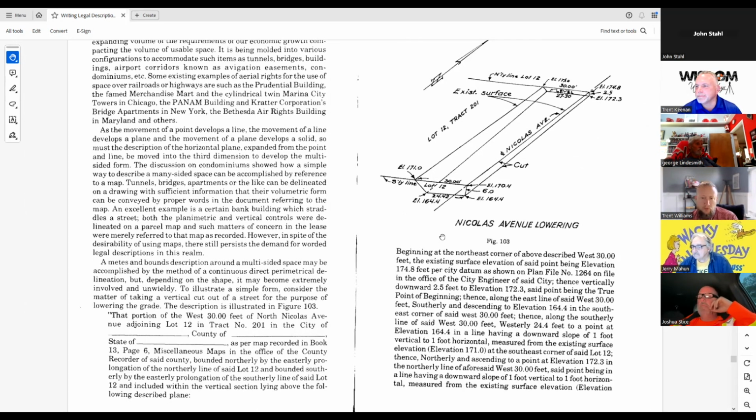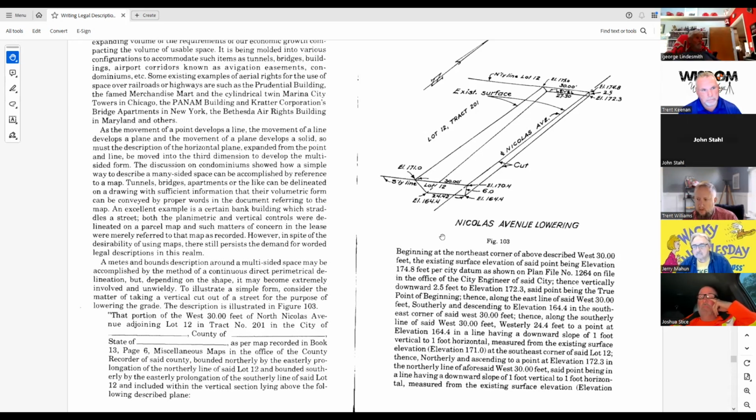Yeah, I had a couple of projects for a cell phone company where they were installing a repeater on an existing building. And so the easement had everything to do with how high it was above a particular part of this building.